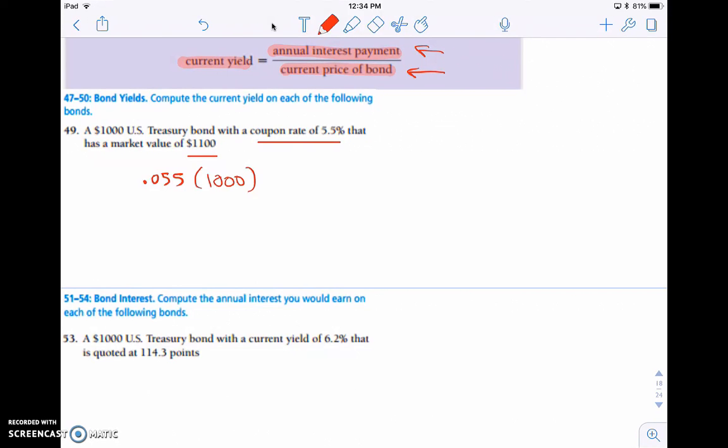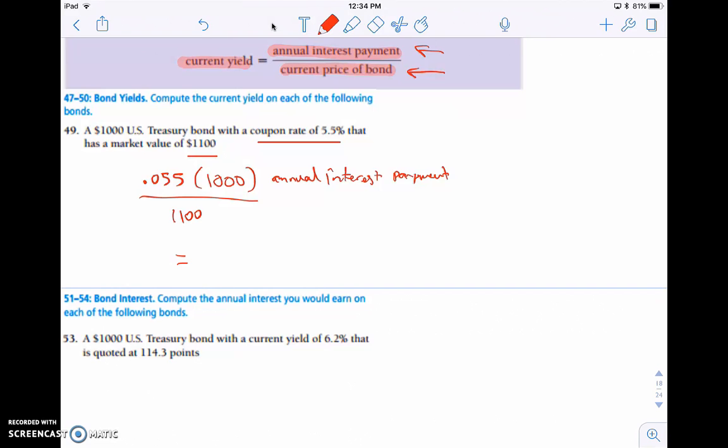So that's our simple interest right there. So this is the annual interest payment. So it's the coupon rate times what you purchased it for, and then we're going to divide that by the current value of $1,100.